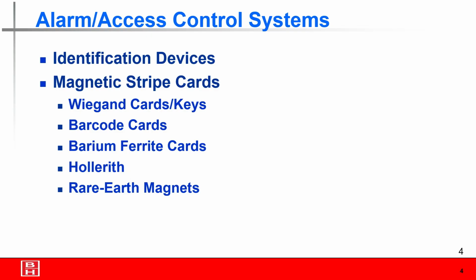Barium ferrite cards use magnetic material, similar to a magnetic code. The material is essentially a permanent magnet, very robust. Insert or swipe for the swipe type. These are often in the form of an aluminum plate with beveled edges. Hollerith, based on the punch code cards by Herman Hollerith, inventor, IBM.